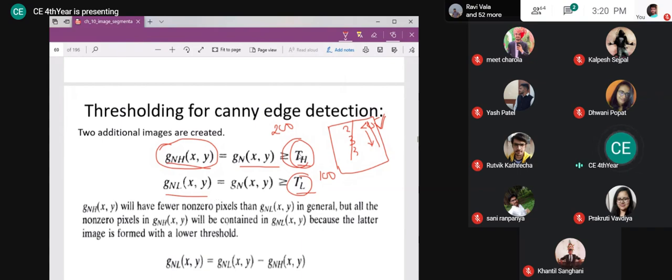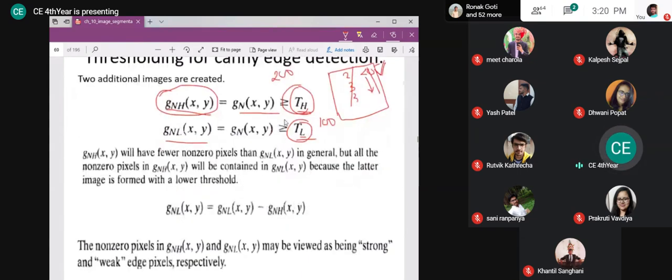And that way, higher and lower thresholds are applied. Now, see, I know if my pixel has passed the higher threshold value, it is a very strong candidate of edge, and I want to keep it as it is, right? I'm worried about all those values which are lesser than the higher threshold but greater than the lower threshold.